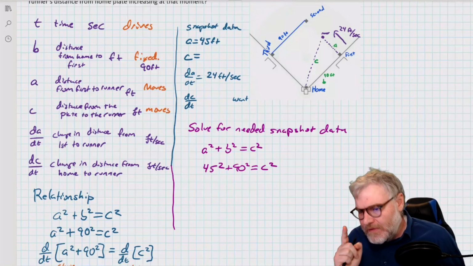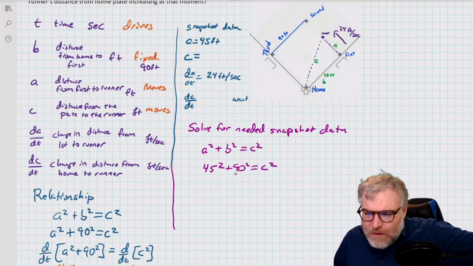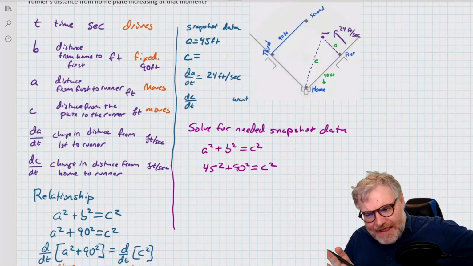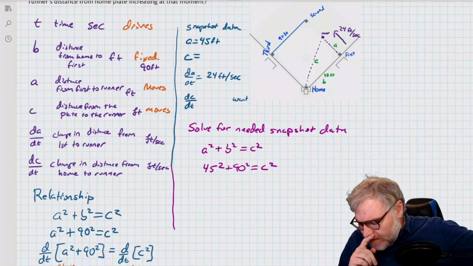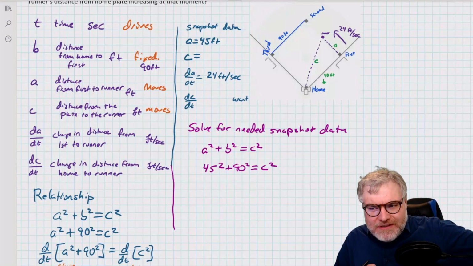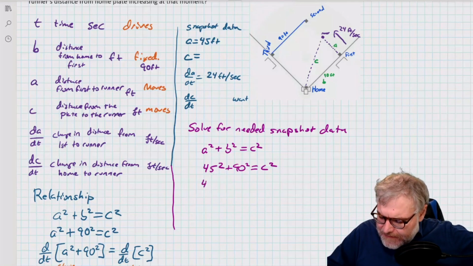I've got 45 squared plus 90 squared, and then I know I'm going to be taking a square root of everything. Before we yank out the calculator and square 45 and then square 90 and add them together, notice this is 45 times 45.